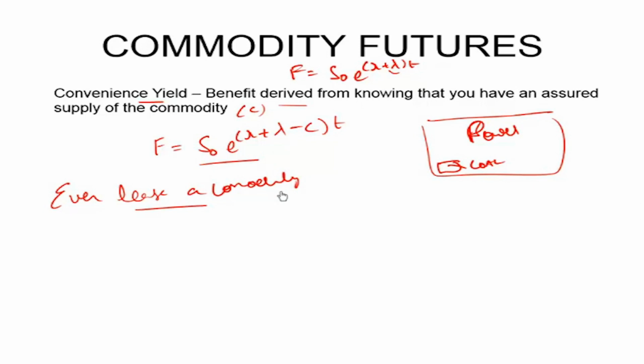If we lease a commodity out and let's say we receive a lease rate equal to L, then the fair forward price would be equal to S0 e raised to the power (r minus L) into T, because L is something like the dividend yield or the benefit that we are getting from the stock.